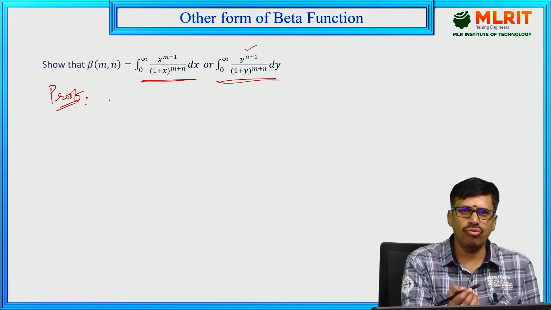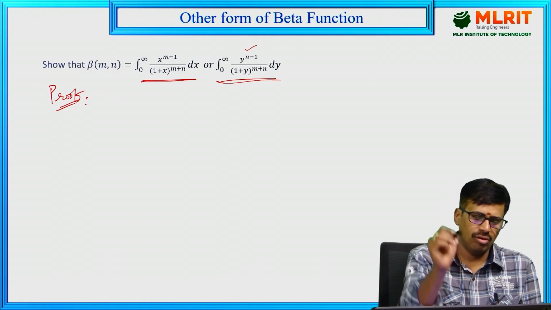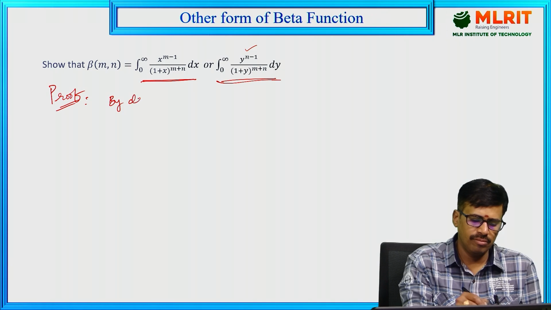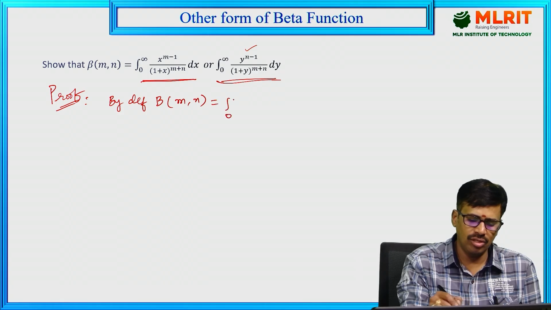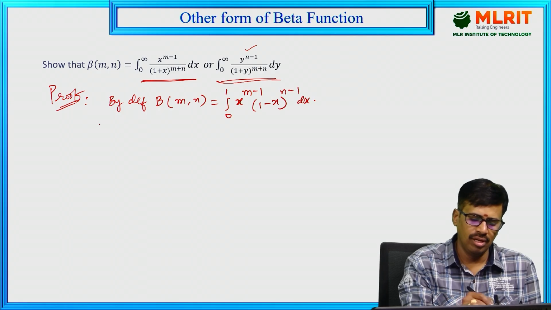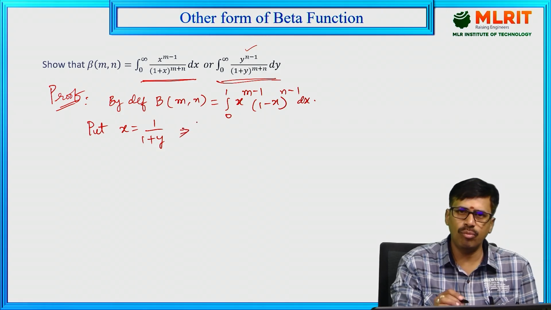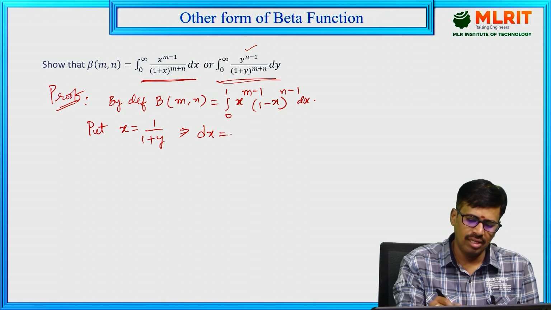Again we prove this result by definition. By definition we know that beta of m comma n is equal to integral 0 to 1 x power m minus 1 into 1 minus x whole power n minus 1 dx. To get this result, just substitute x equal to 1 by 1 plus y. Differentiating both sides, the derivative of x is dx, and the derivative of 1 by 1 plus y is minus 1 by 1 plus y whole square into dy.